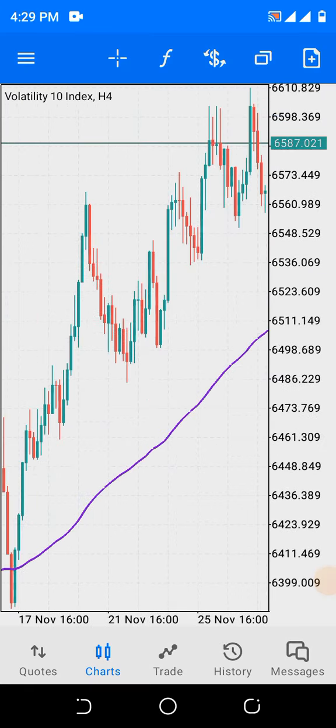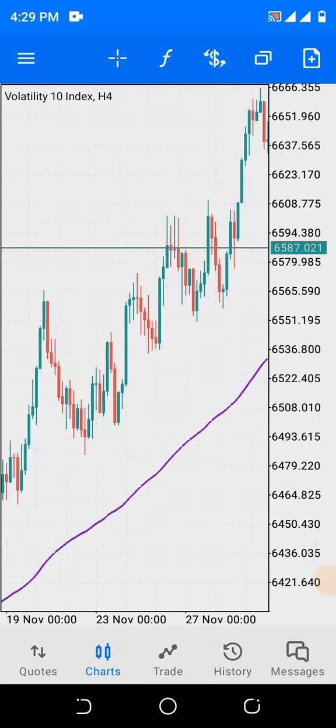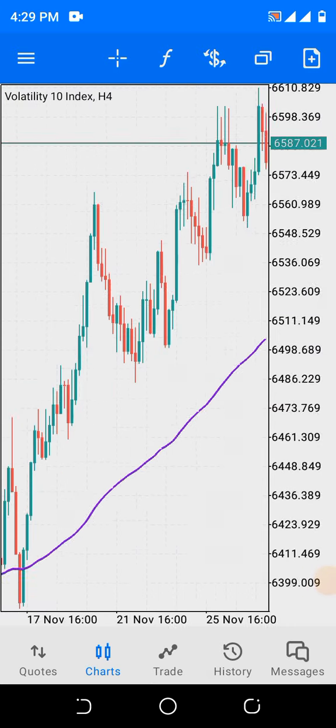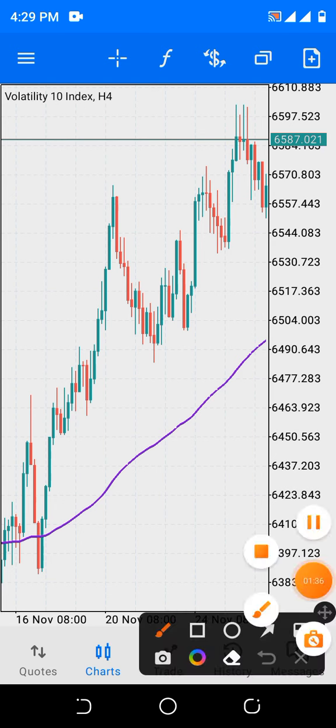So before you make your entry, when you start seeing higher high, higher low, higher high, higher low, it is a clear uptrend, or you can still make use of a moving average. Like in this case, here is a moving average.